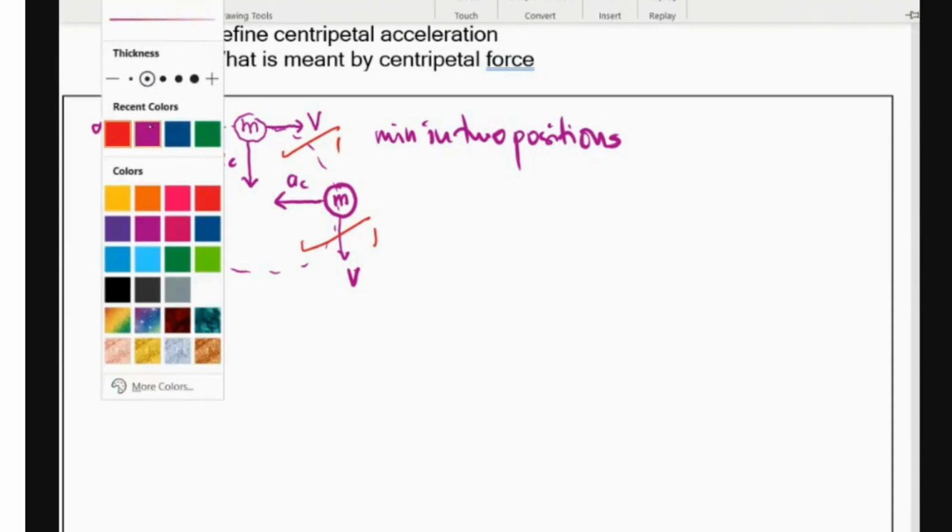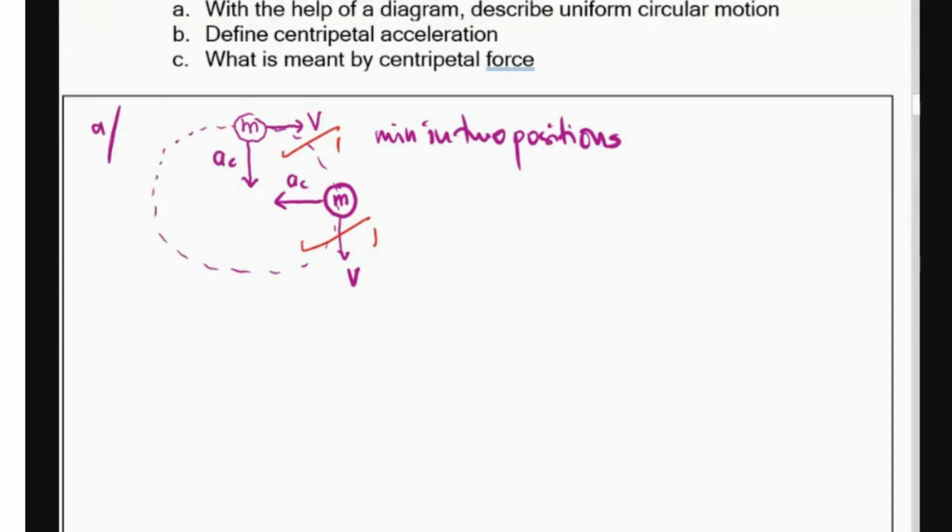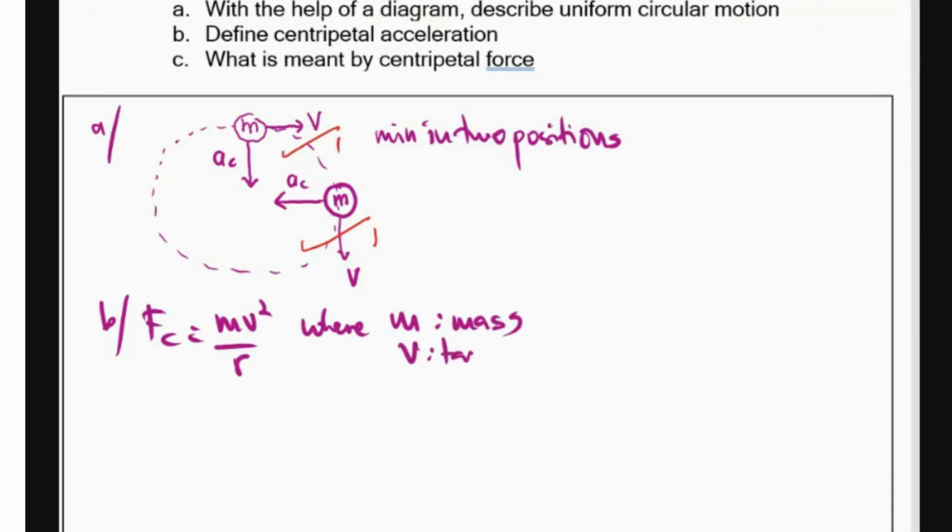Next, question B. Define the centripetal force. You can use the formula to define it: Fc equals mv squared divided by r, but we have to define each symbol used to get the mark. m is the mass, v is the tangential velocity, and r is the radius.